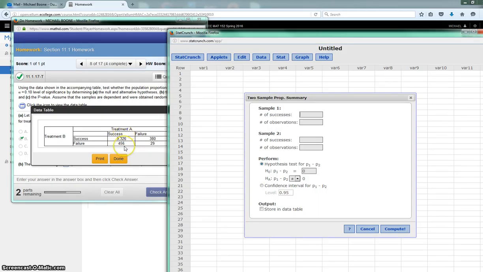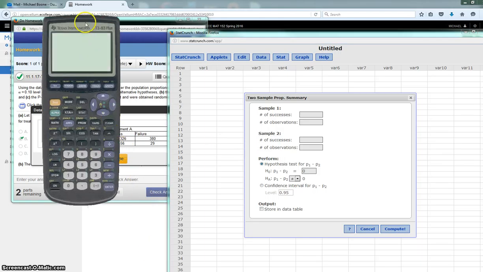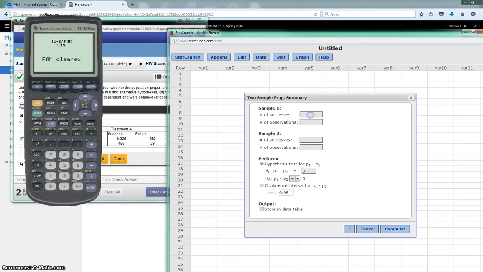Those are the successes for treatment A. So I'd have to add together the 9326 and 456. And so the number of successes is 9782.